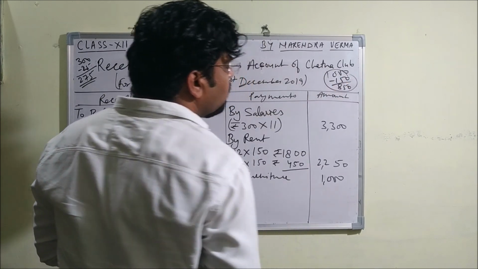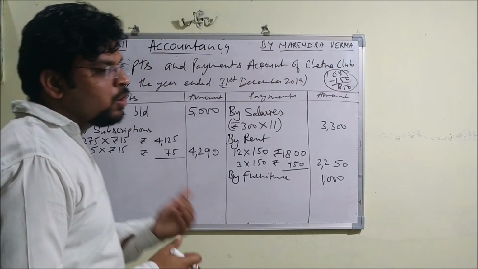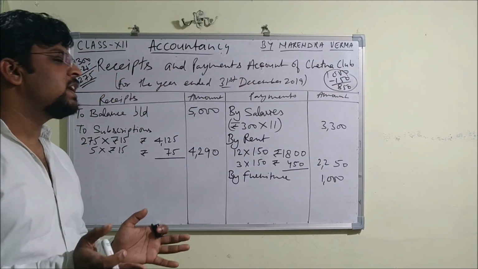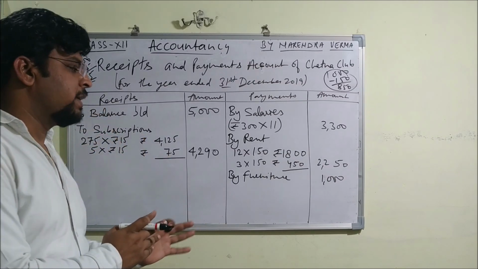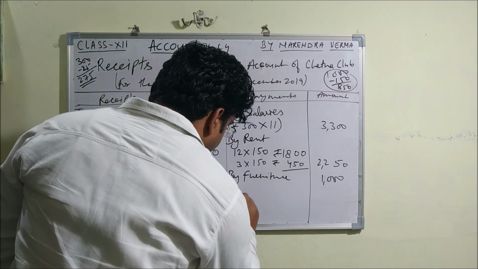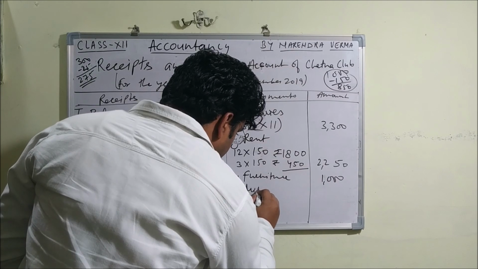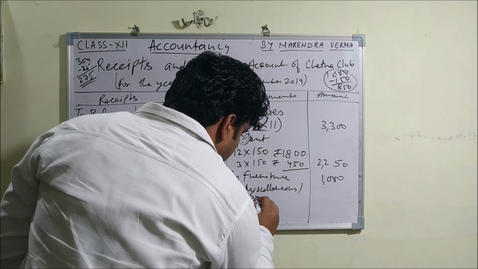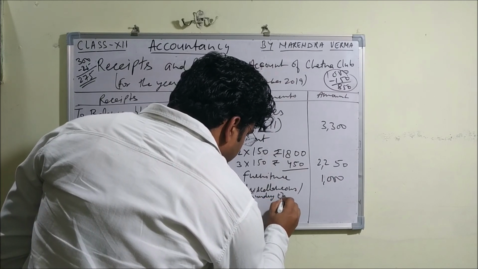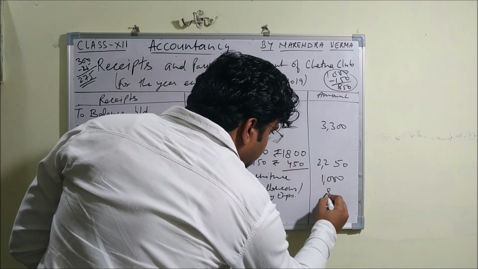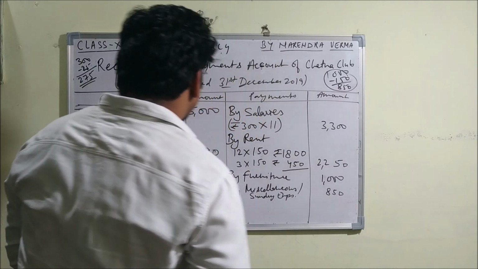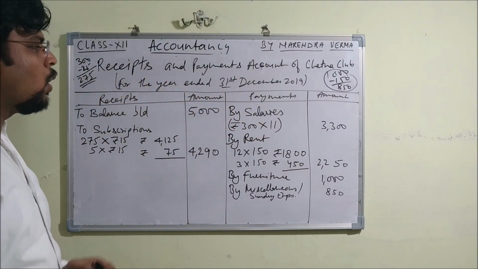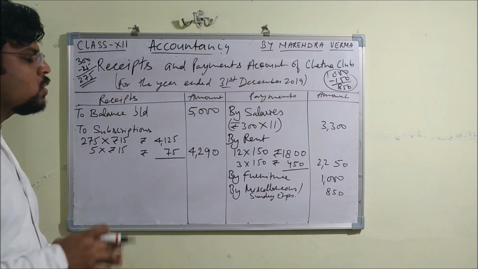So only 850 has been paid till now, and we have already learned that the amount which has been paid from our pocket will be mentioned here. So by miscellaneous, or you can write the word sundry expenses, only 850. Now you can check whether all the entries have been made here or not.